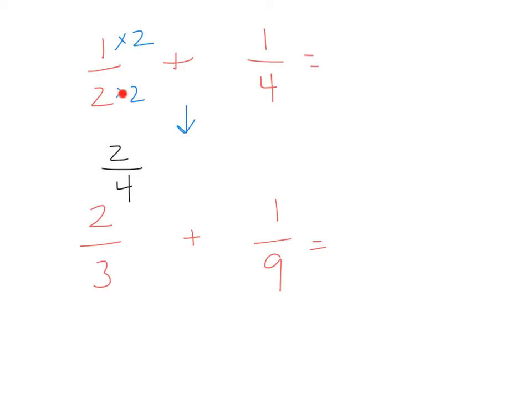That 2 times 2 came from right here. Then we're going to add on 1/4. That never needs to change because now our goal is that these denominators match up, that they're the same. So I add together the numerators, and that's 3/4. 3/4.